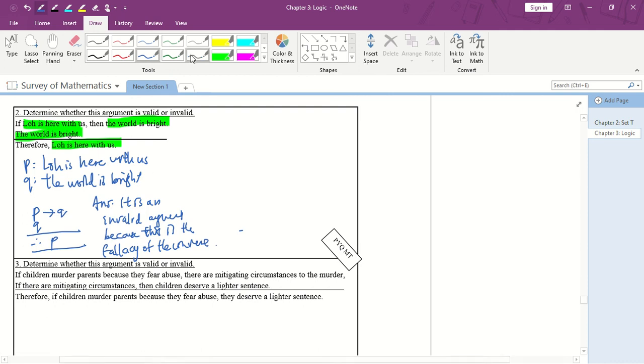However, if you don't remember what the fallacy of the converse is, sometimes we don't remember, then it's easy, we just need to create a truth table. Based on this one, remember premise 1 and premise 2 to conclusion. And now let's create a truth table here.